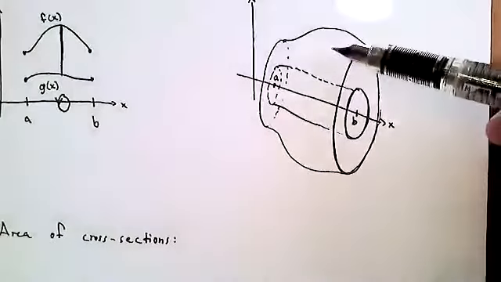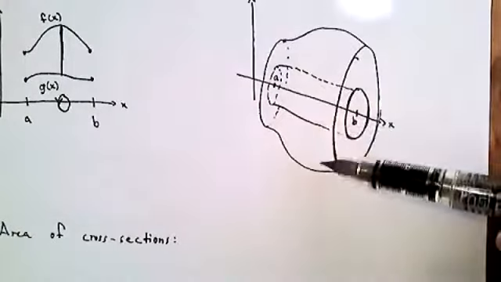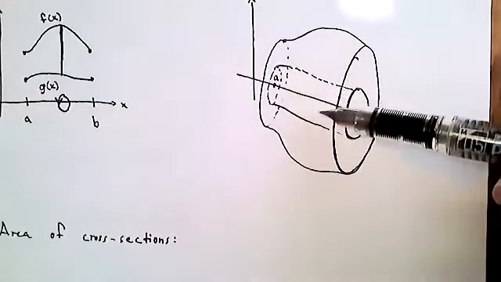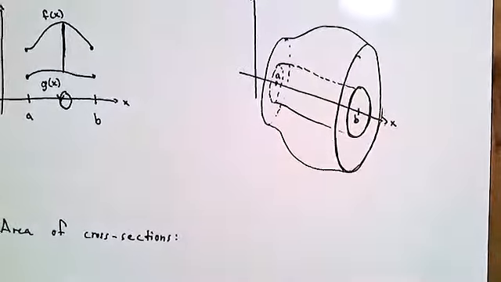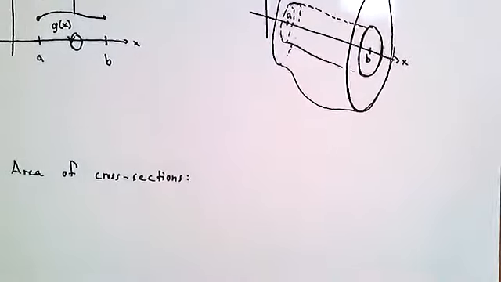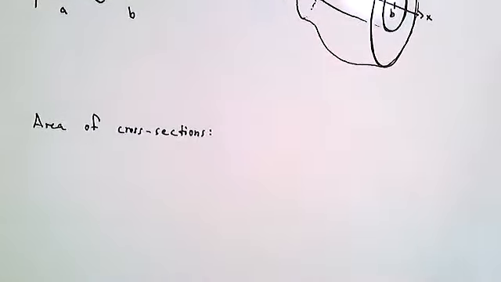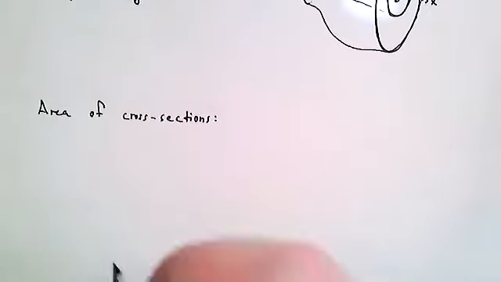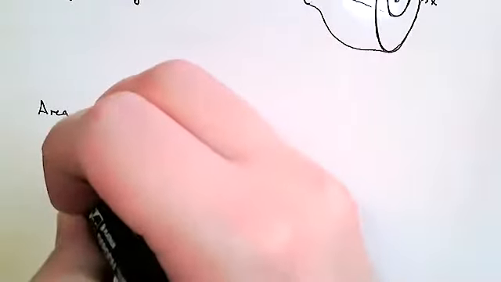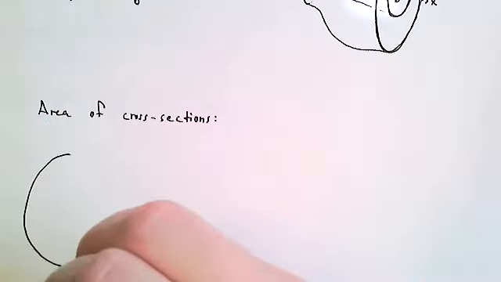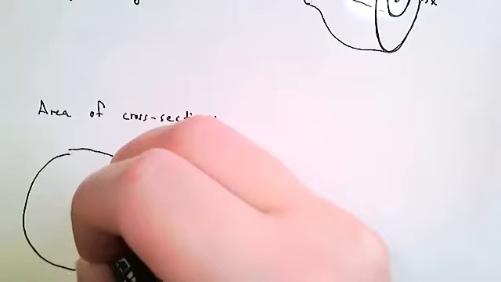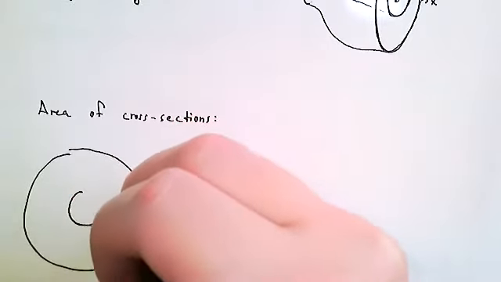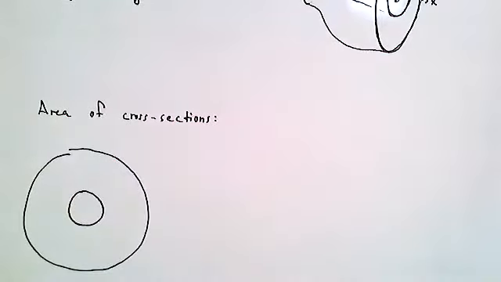But what we need to do now is imagine what a cross section would look like if we took a plane and just sliced through. We're not going to be getting disks because there's a hole in the middle. What we're going to get is, well, a washer. So there's an outer disk with a hole punched through the middle.